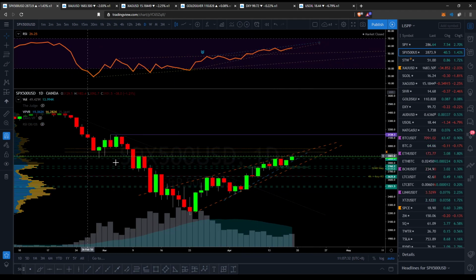And you can see here there is quite a lot of action in this area on the first dump and then bounce, and that's where we are right now, in this area and the golden pocket, and also it lines up with the top of the rising wedge. So we have quite a bit of resistance here.